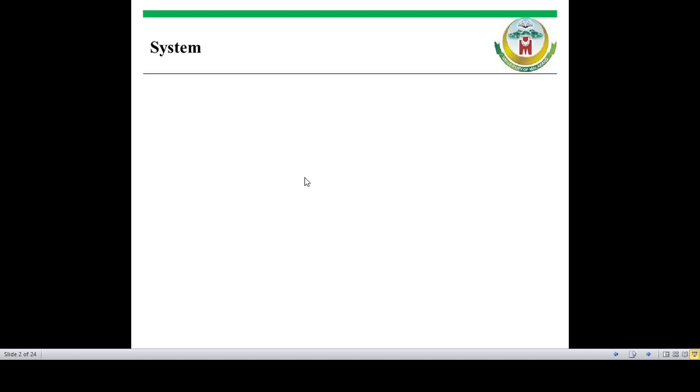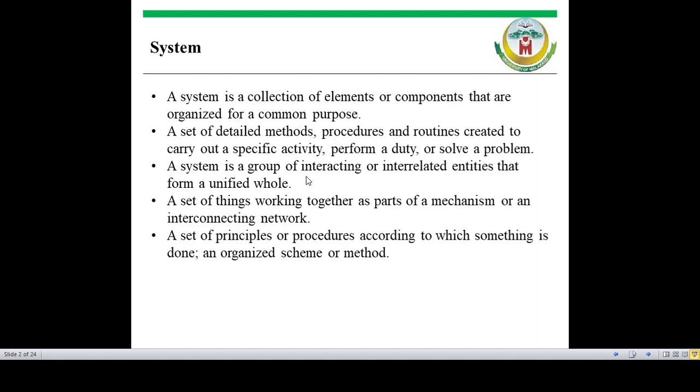We take some real world system and we try to represent that system in an abstract way, and that representation is called modeling. So before going into the details of modeling, we will understand what is system.